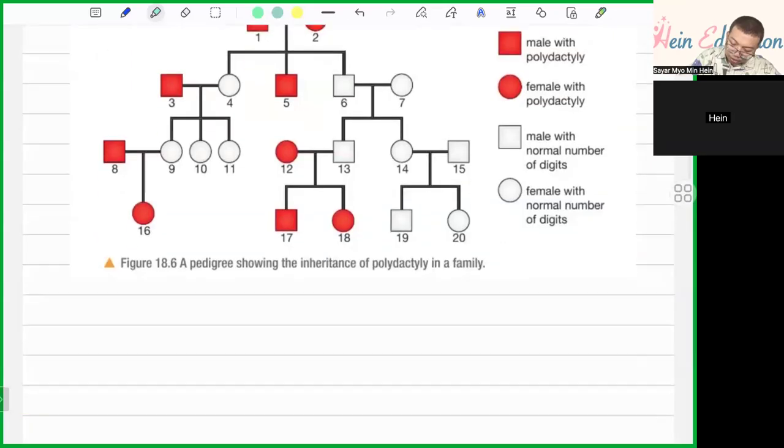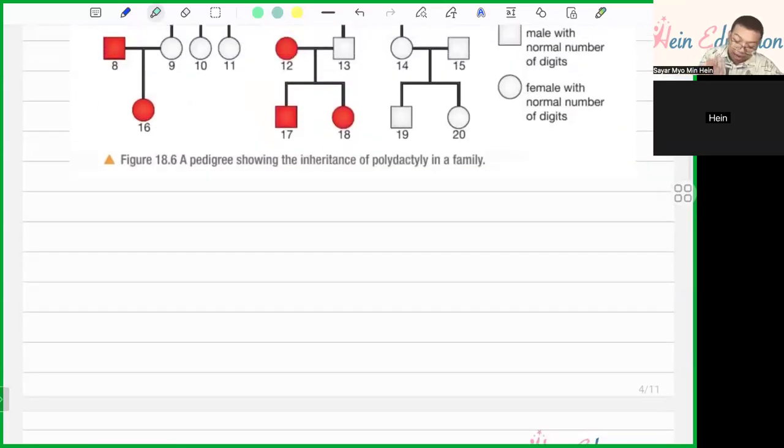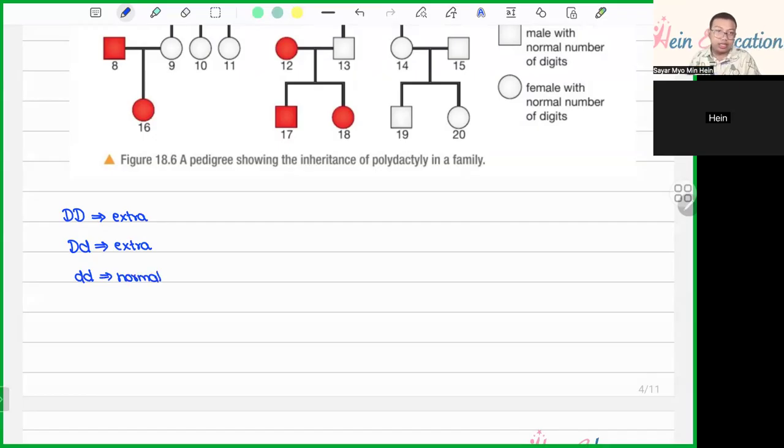Coming back to my normal processing: we have capital D, capital D, capital D, small d, and small d, small d. Capital D, capital D and capital D, small d have extra digits, but small d, small d is the normal digit. Which one is the easiest to determine?